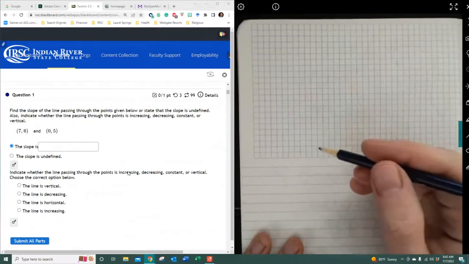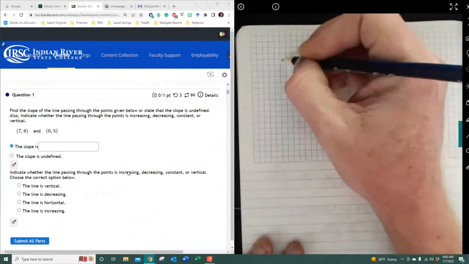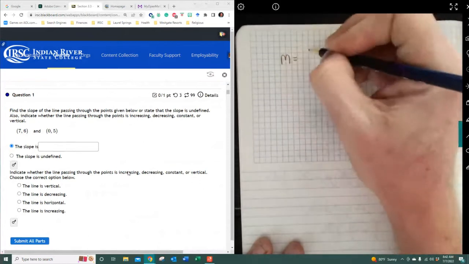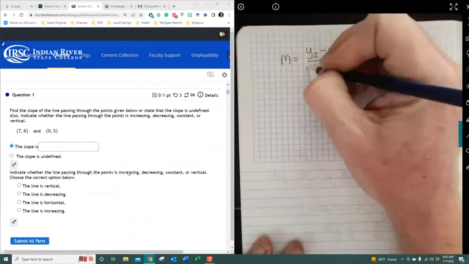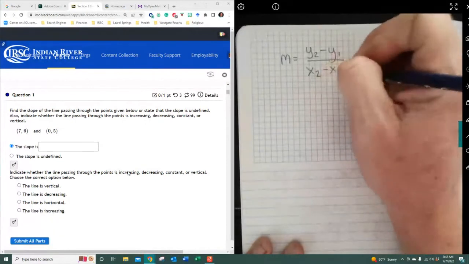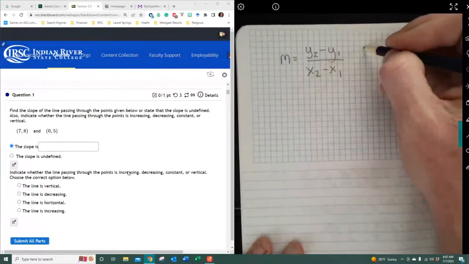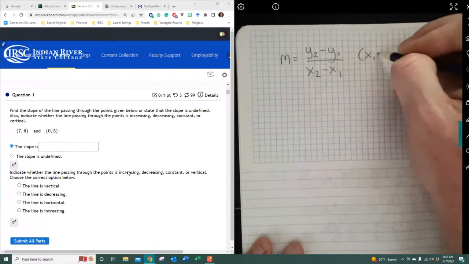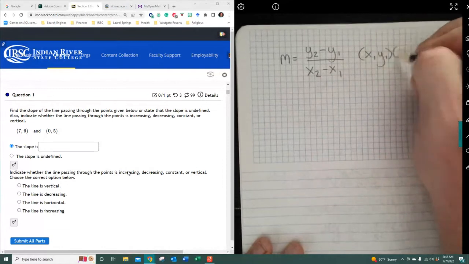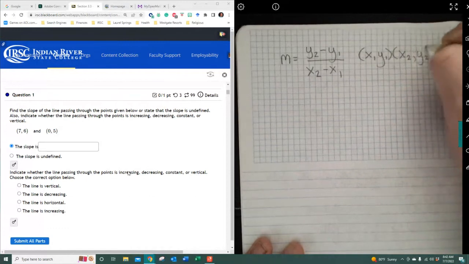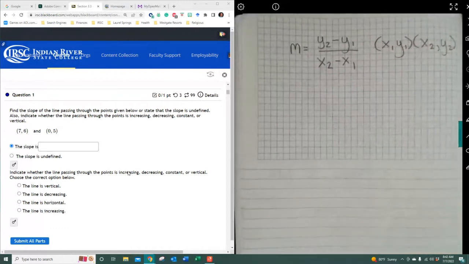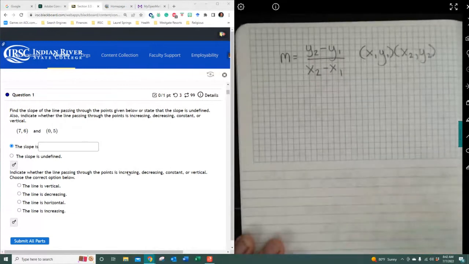Yes, you can use the formula, m is equal to y sub 2 minus y sub 1 over x sub 2 minus x sub 1, identifying each coordinate point as that value system, and then you can use that system anytime you wish. I am not personally going to use this because I have my own unique way of doing it. It is in fact this formula, but without mentioning y sub 2 minus y sub 1. I'm not going to do that with you.